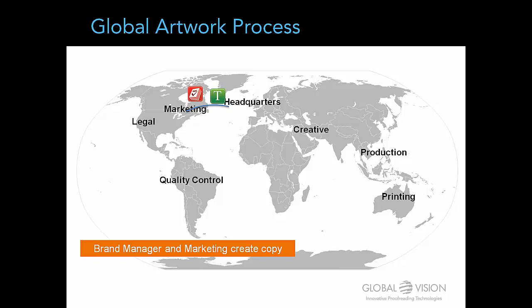Dealing directly with the copy, you have marketing and maybe the brand owner or brand manager for that product, and your legal department, making sure that whatever you're putting on your labels meets regulatory requirements and that the text has been approved, maybe by a regulatory body.